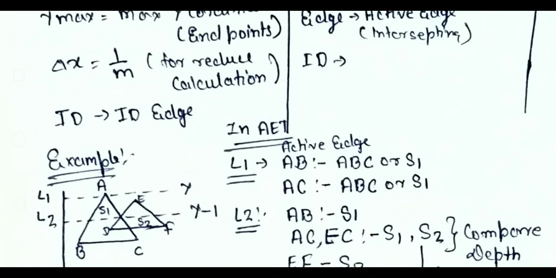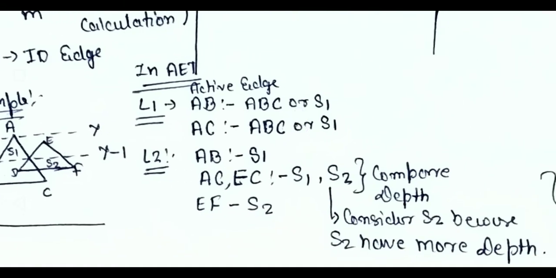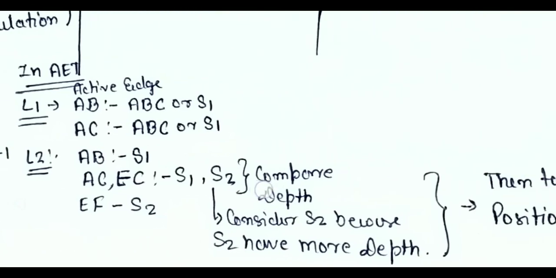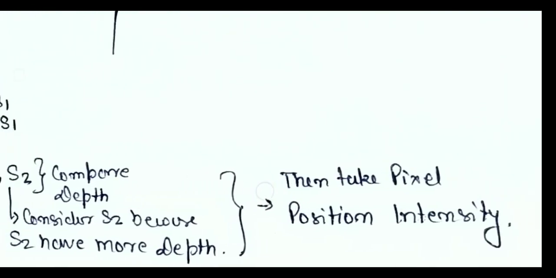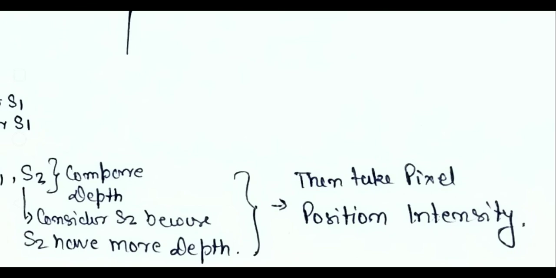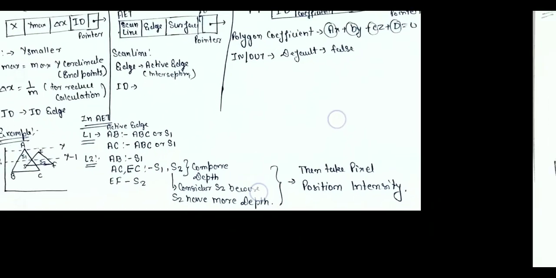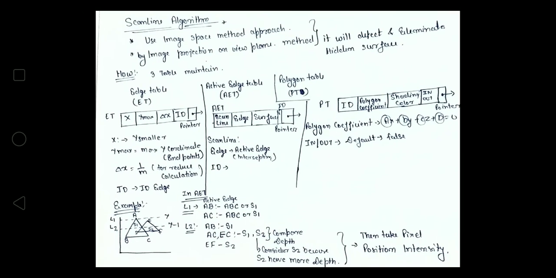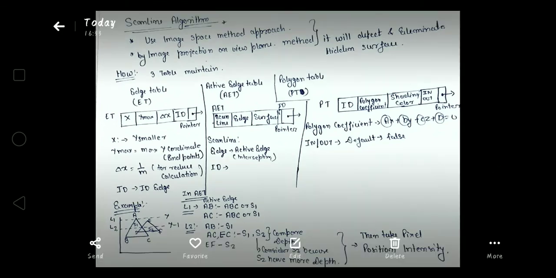The S2 surface has more depth, so in this question we consider S2, and the intensity value will also be taken from S2. Whatever the color of the S2 surface is, only that color will be taken. I hope now you understand what the scan line algorithm is and how it is used. Okay, thank you students. If you have any query, you can ask.